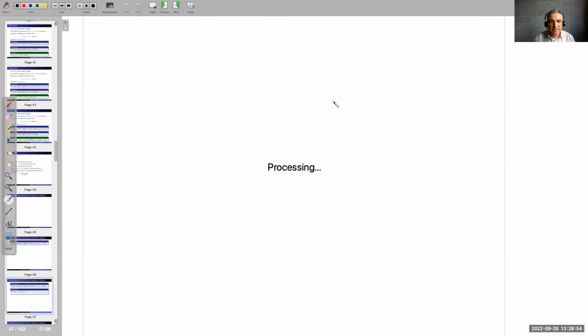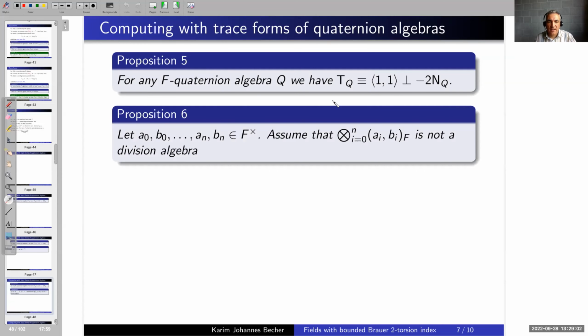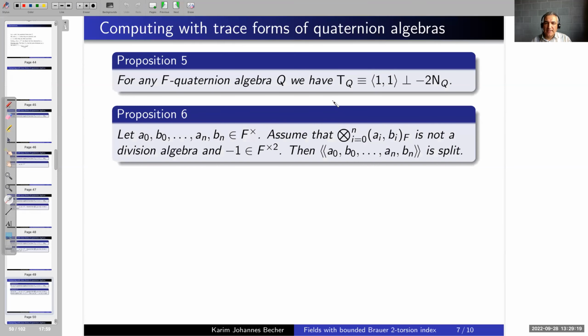Now the statement is, again, if I have n plus 1 pairs of coefficients, and I assume that the tensor product of the quaternion algebras formed by them is not a division algebra, and minus 1 is a square, then I claim that the quadratic form is split.